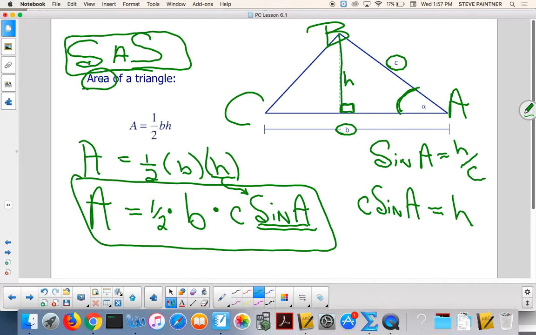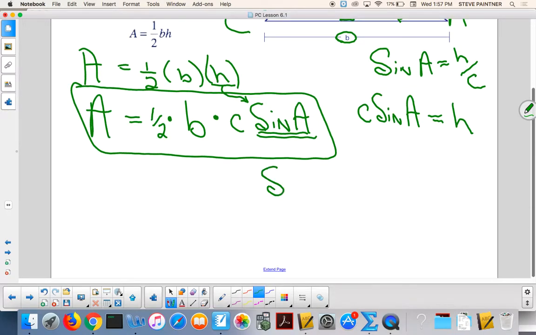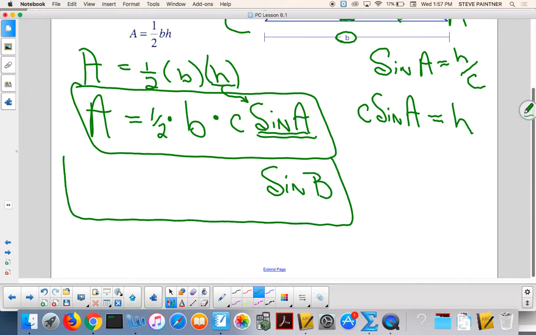Now, you might not get sine of A, you might get sine of B. If you get sine of B, guys, what's the formula? A equals half times C, and what will the two sides be? I know you can't see the triangle, but it's up there. If you got B, go back up there.